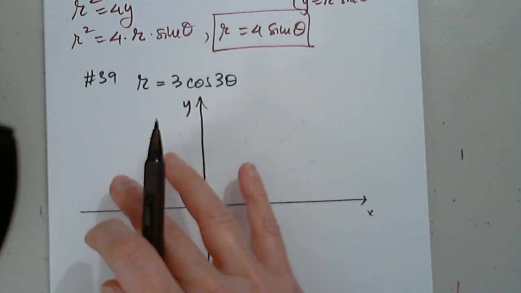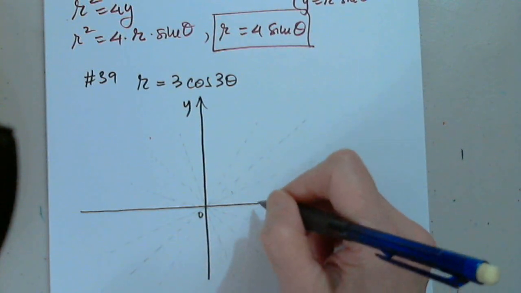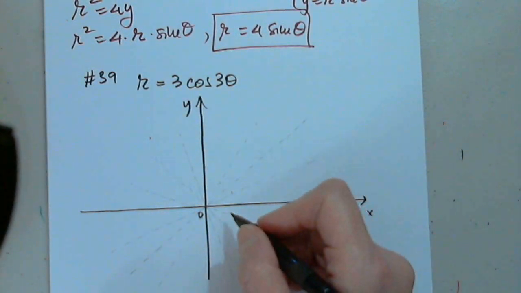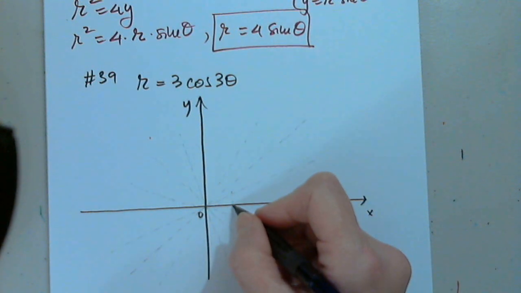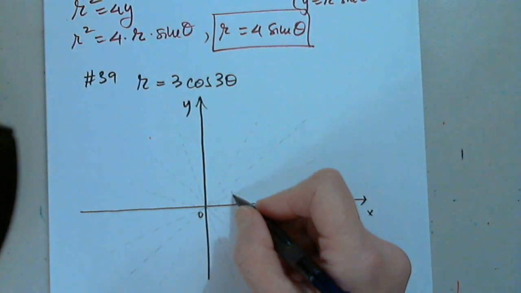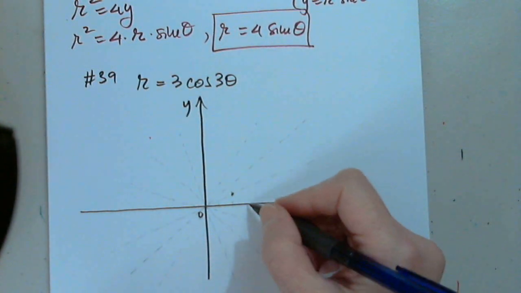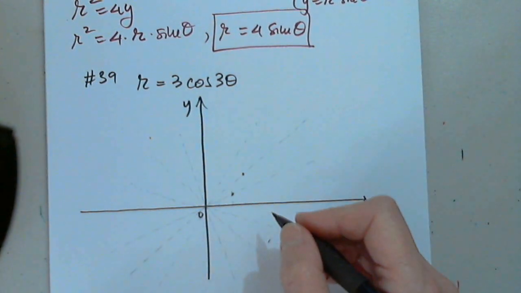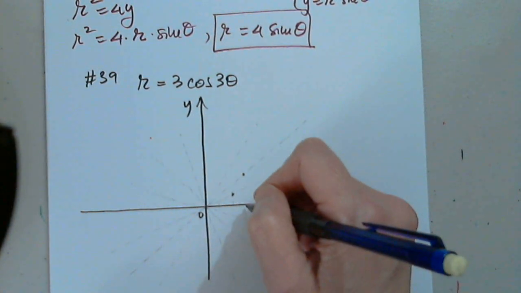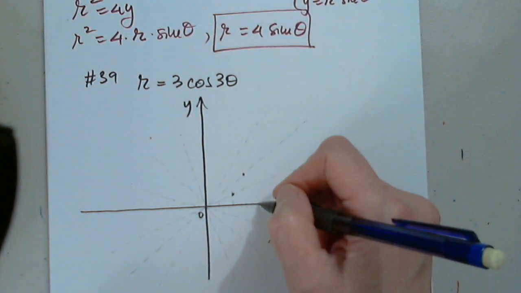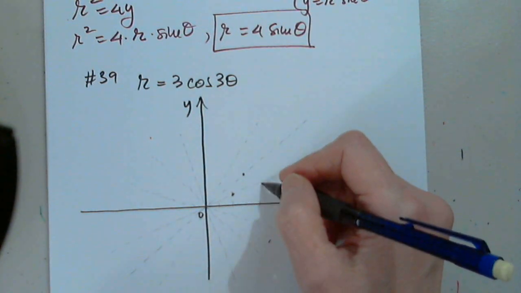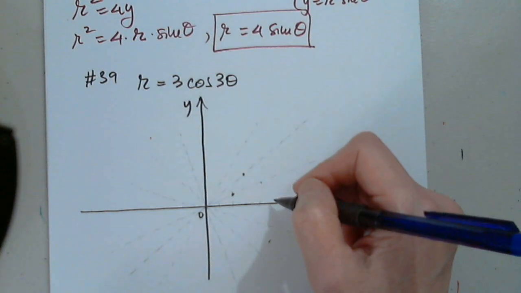Why do I need these rays? It's because for each point I will have to have an angle. So one point could be, let's say, at 2 units and 30 degrees, so it will be here. Another one could be at 3 units and 45 degrees, so it will be here. The next one could be at 4 and back to maybe 30 degrees.